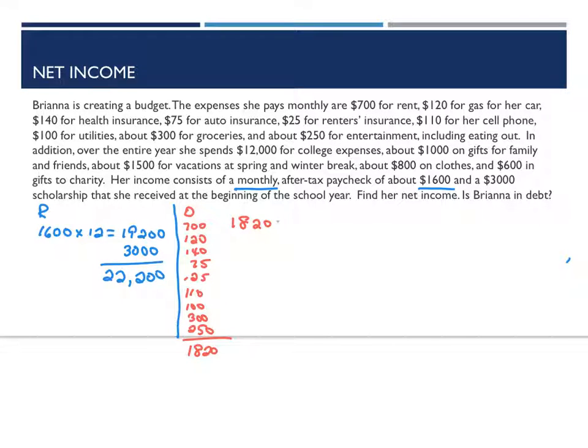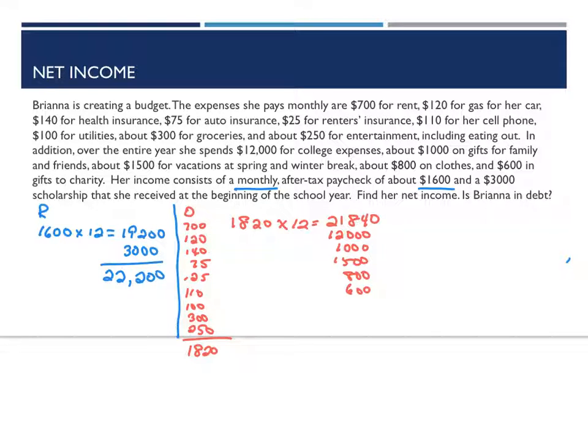$1,820 a month times 12 is $21,840 a year. Now let's add to that also yearly $12,000 for college, $1,000 on gifts, $1,500 for vacations, $800 on clothes, $600 for charity.